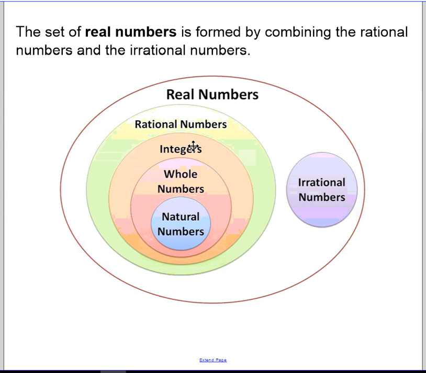All integers have whole numbers and natural numbers. All whole numbers have naturals. So that's how they're showing you the nested different sections. And notice irrational numbers are completely by themselves over here because no number can be rational and irrational at the same time.